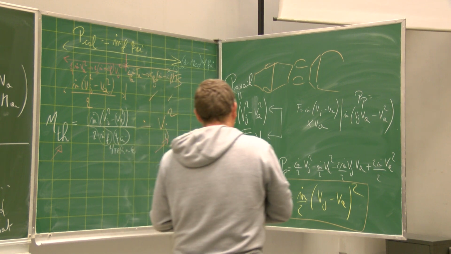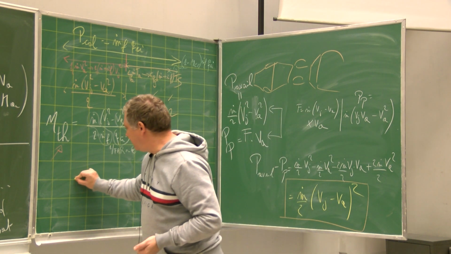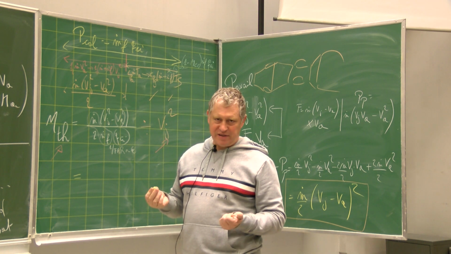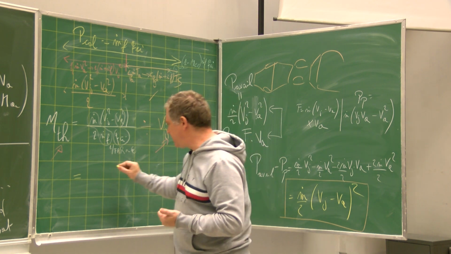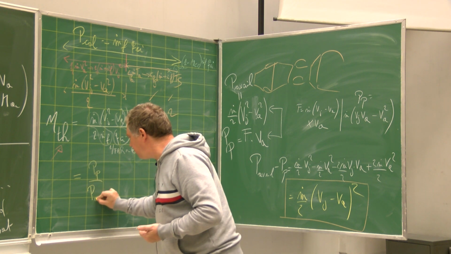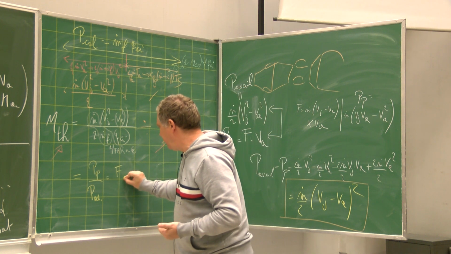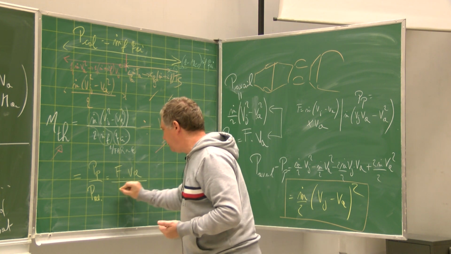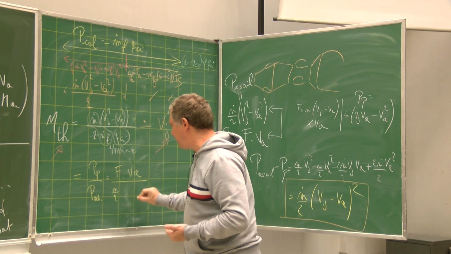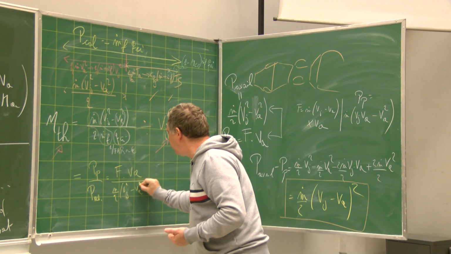And so you see that like this, you can define a second efficiency. The second efficiency is PP divided by P available. This is F multiplied by VA, divided by m dot divided by 2 times Vjet square minus VA square.